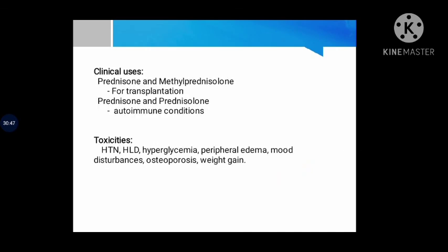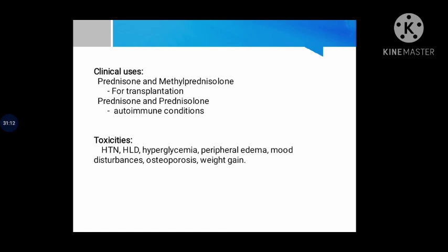So the clinical use of corticosteroids: they were the first pharmacologic agents to be used as immunosuppressives, both in transplantation and in various autoimmune disorders. They are still one of the mainstays for attenuating rejection episodes.